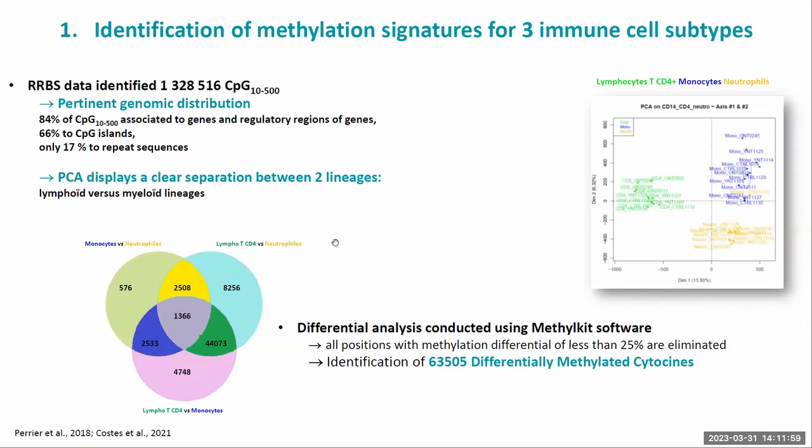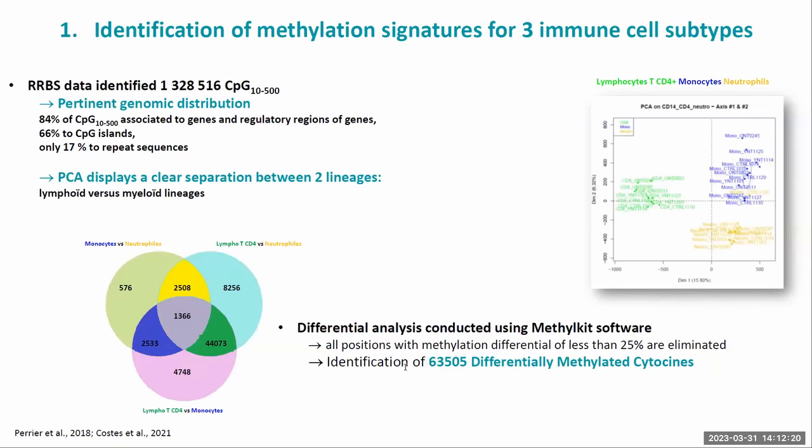After that, it's possible to perform some differential analysis by using MethylKit software, and we use the option to eliminate all positions with a methylation difference of less than 25%.